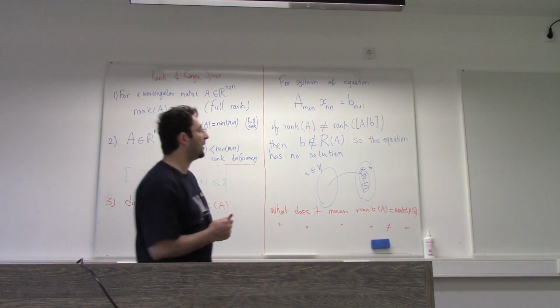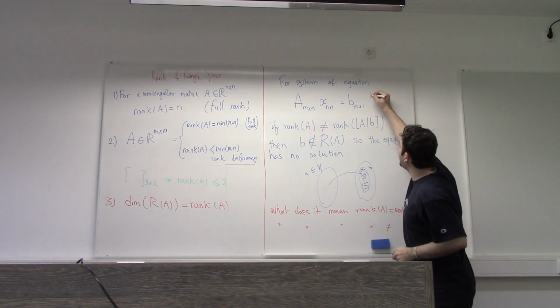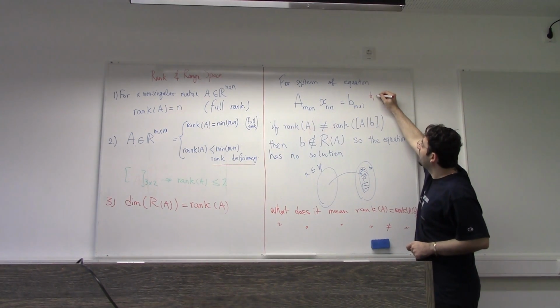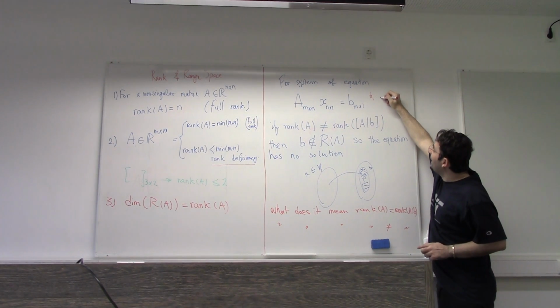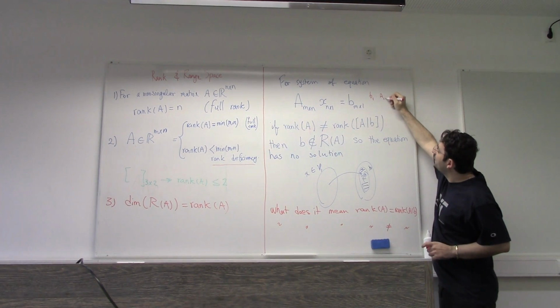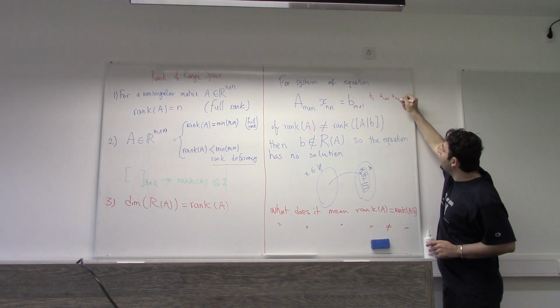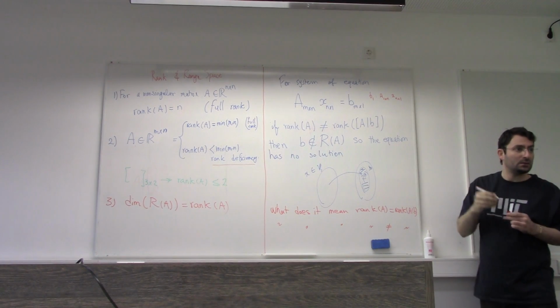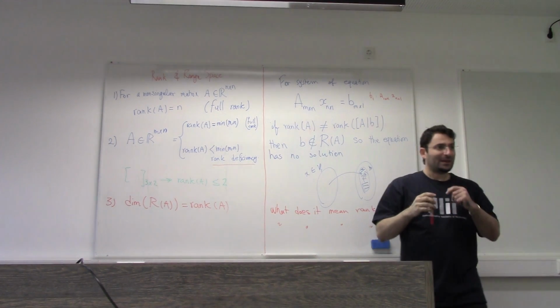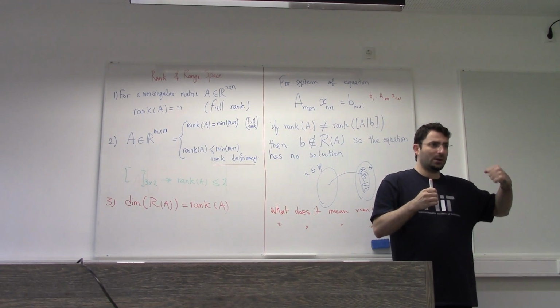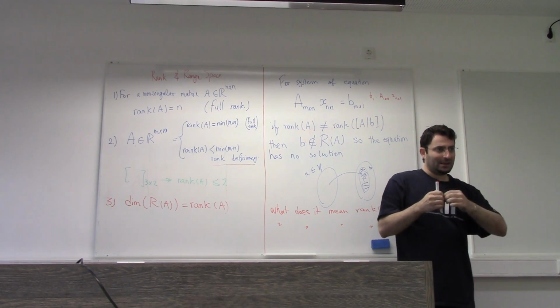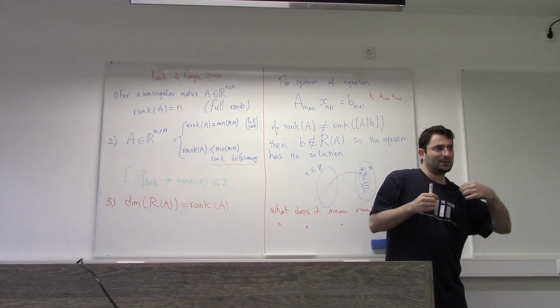I mean, how do we get b1? It will be a1n multiplied by xn1, isn't it? So it means that a11, a12, a13, a1n, these all will be multiplied by x1, x2, x3.